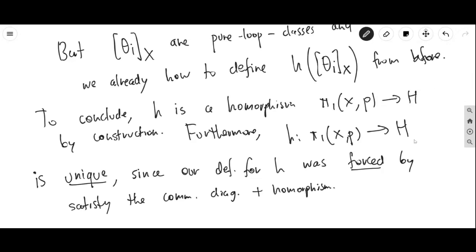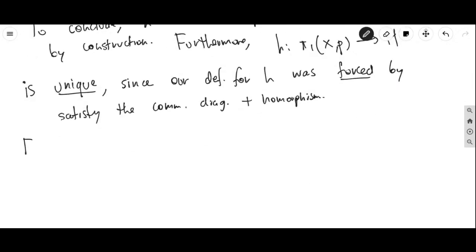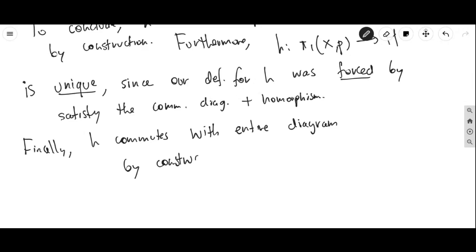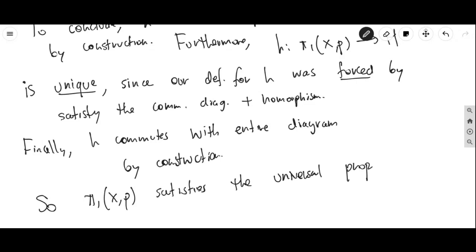So it's unique. And then finally, H commutes with the entire diagram, by construction, for the same reason as before. When we defined it on the pure loops, we just followed the diagram. So by construction, it commutes with the diagram. And so pi 1 X p satisfies the universal property for the pushout.